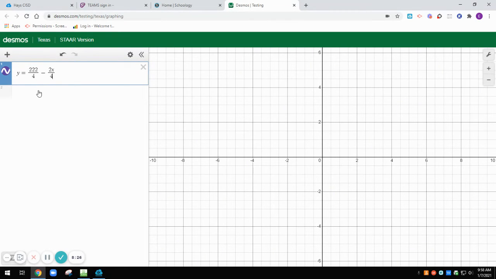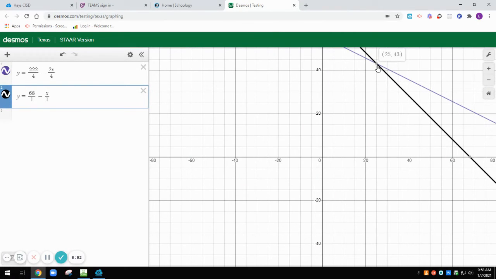Then I'm going to go to the bottom. I have y equals 68 divided by 1, get out of the fraction, minus x divided by 1. If you look on the graph, you can't see anything, but it's because the numbers are so big. So you're going to zoom out.